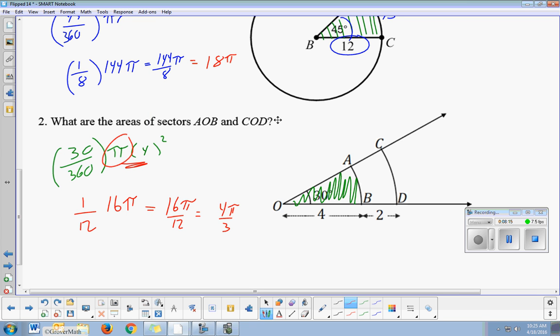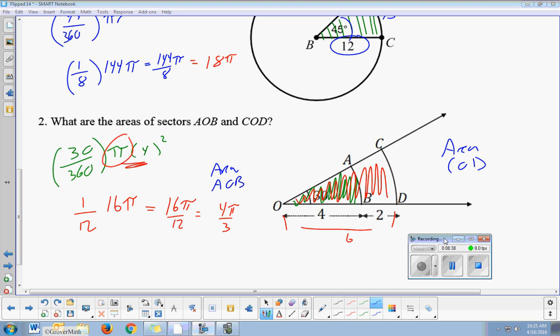Then how about the area of COD? All right, so it's still 30 degrees, but this time we get a radius that goes from here to here. That's going to be a total of 6. So let's say this is the AOB area, and over here I'll do the area of COD.